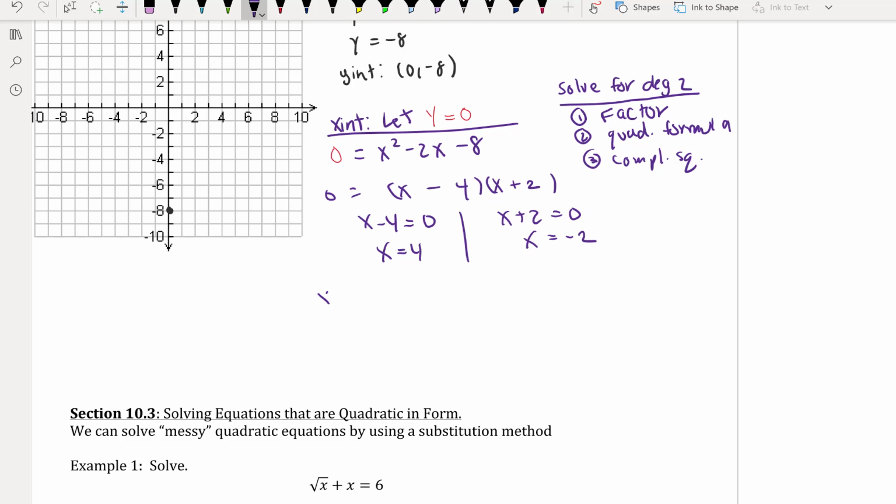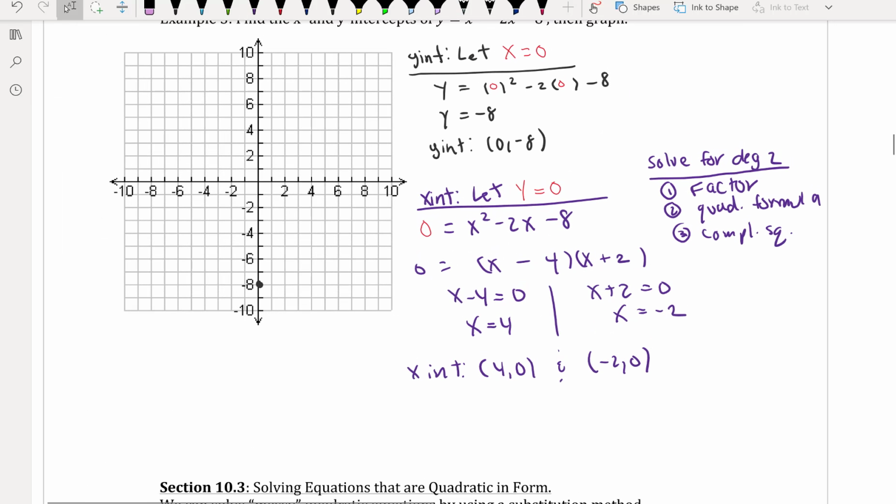My x-intercepts, written as ordered pairs, would be 4, 0 and negative 2, 0. These are the two x-intercepts that I'm going to be graphing. So I have my 4, 0, which is here, and my negative 2, 0, which is here.